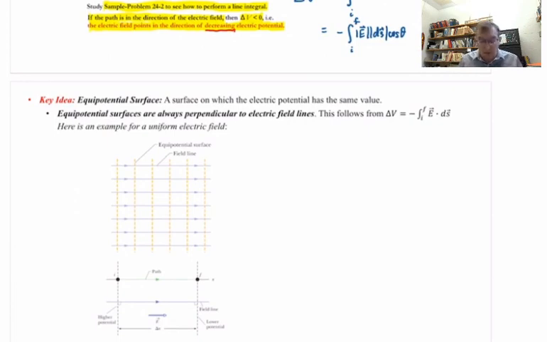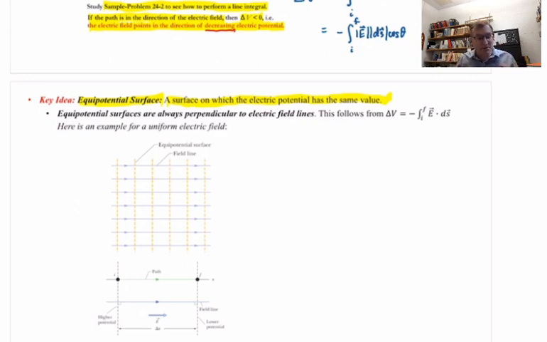Let's talk a little bit about what's called an equipotential surface, by which we mean a surface on which the electric potential has the same value at every point. And remember, the unit of electric potential is the unit called the volt. And in fact, in the previous experiment, you mapped out equipotential lines, we called them, because you were limited in your dimensionality there.